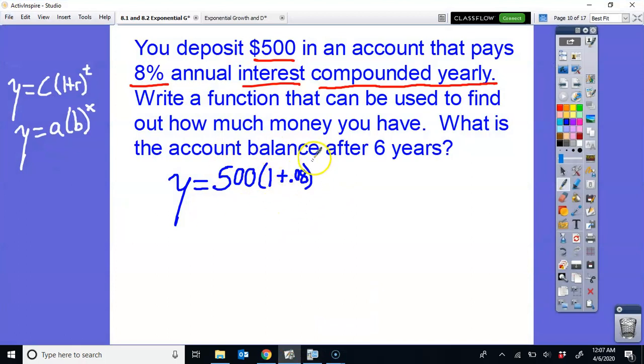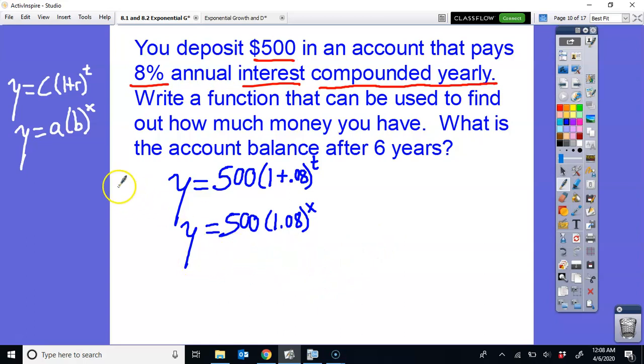So, we raise this to the t power, or if you want to put x there, you can put x there. Now, I know somebody's sitting there screaming at their computer, Mr. Harrison, you didn't put the 6 in. You're right, because I'm not trying to find the answer.